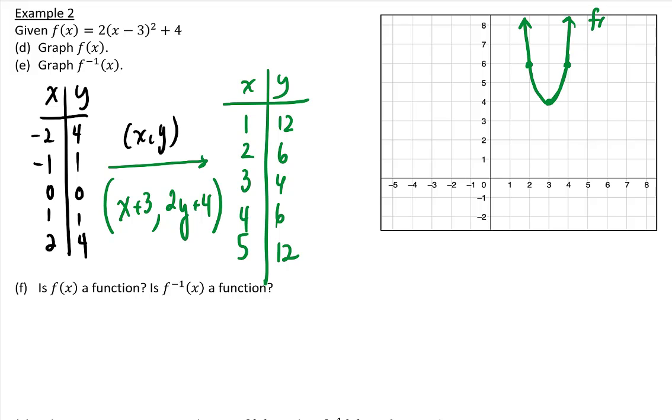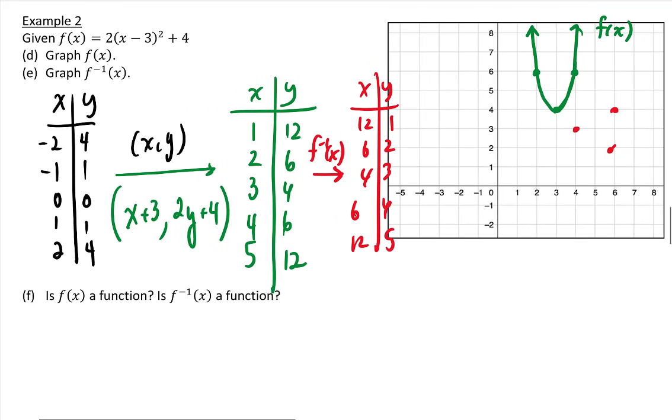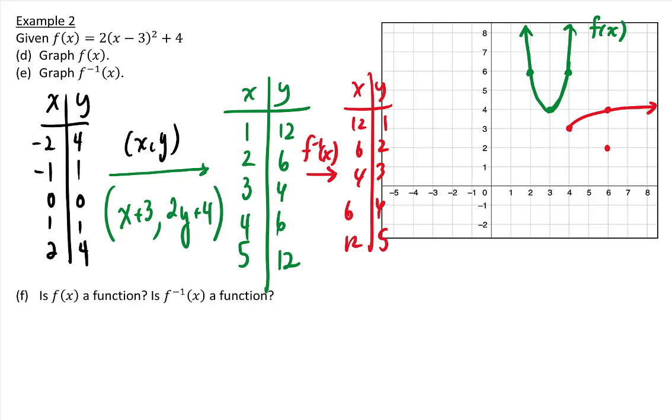So there is our graph of f of x. If I want to get the inverse of f of x, all I need to do is switch the points. So for f inverse of x, I'm going to have 12 and 1, 6 and 2, 4 and 3, 6 and 4, and 12 and 5. So there is f inverse of x.